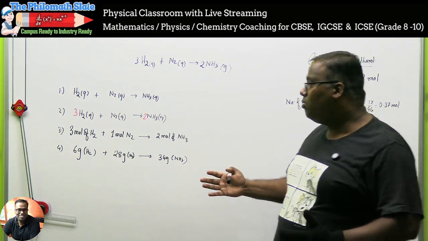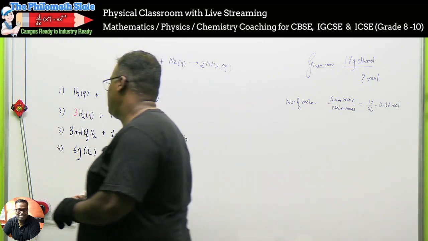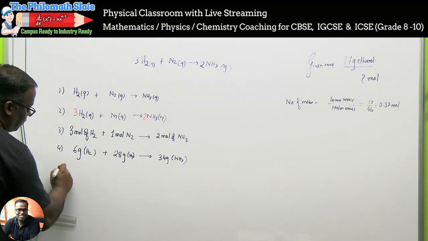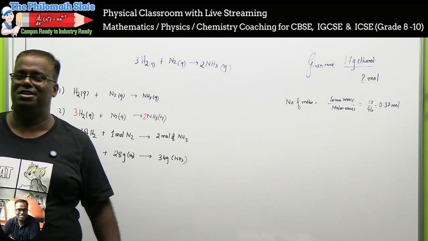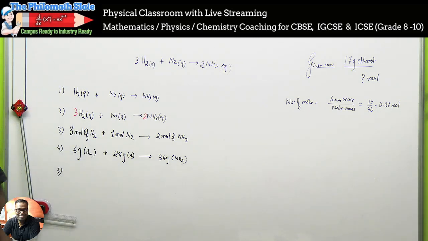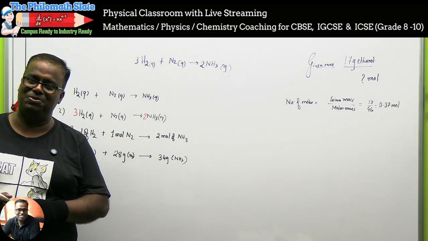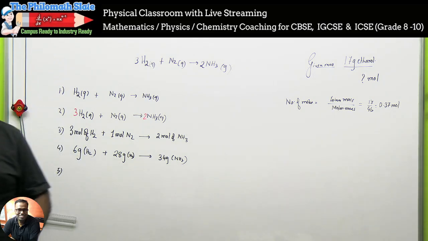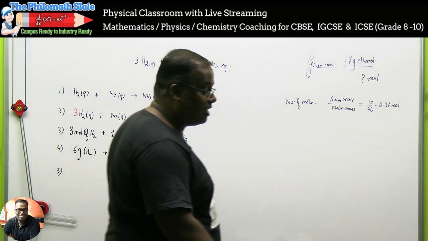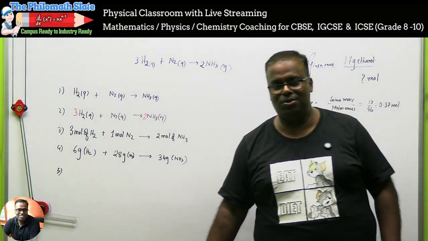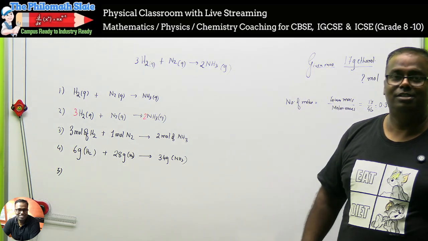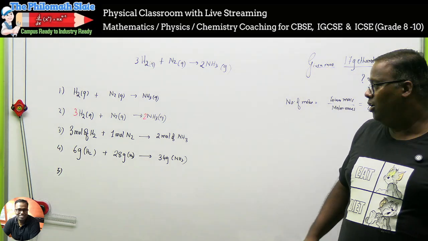Okay, can you now write the fifth form of this equation in terms of atoms, only atoms, only atoms? Let me see how many of you can do it. No. Count of atoms. So many crores of atoms. I now want the fifth one.